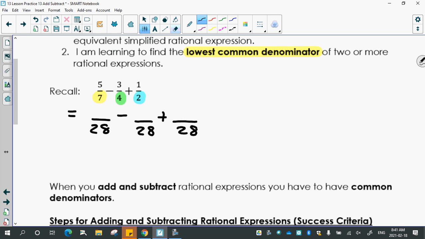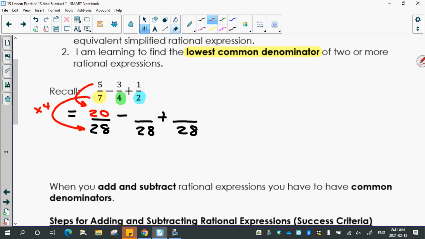Now I have to adjust the numerator, so you've got to remember how that goes. For 7, I had to multiply by 4, so I have to multiply the top by 4 as well. So 5 over 7 and 20 over 28 are exactly the same number, they're just written differently.